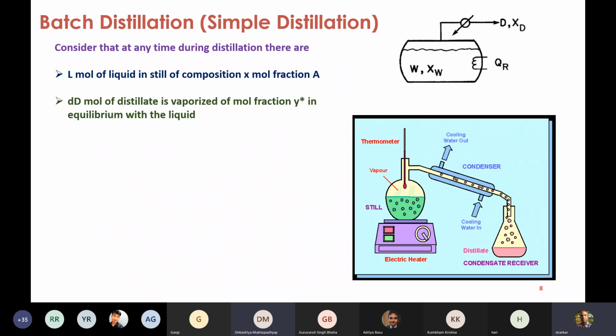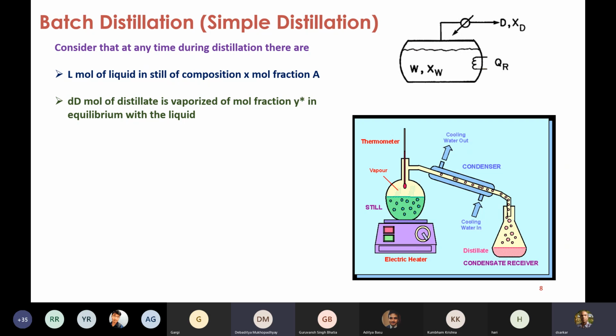Now, in case of this differential or simple distillation, we can just think that the flash vaporization we just talked about is being carried out a very large number of times. You are doing it successively on a liquid mixture, and each time you are vaporizing a very small amount of the liquid.